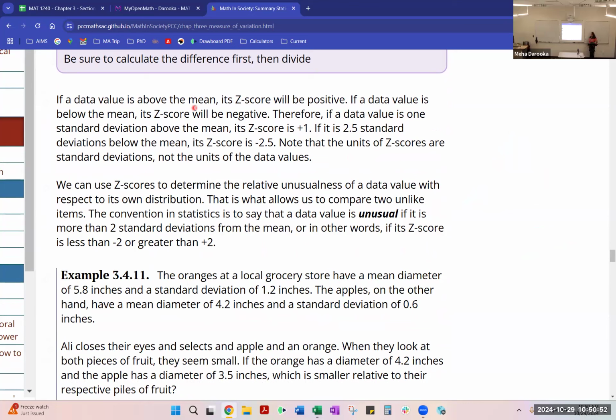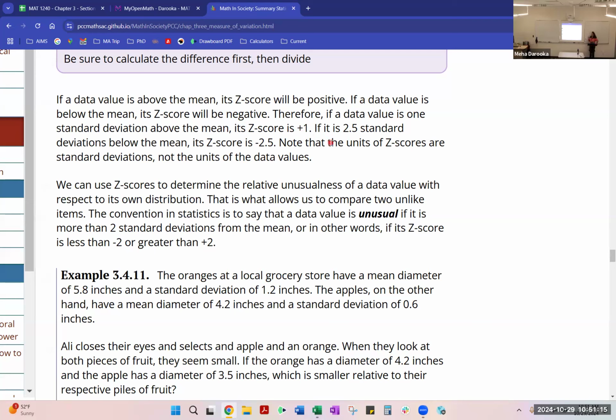So that applies here also. If the data value is above the mean, your z-score will be positive. If the data value is below the mean, the z-score will be negative. So if your data value is exactly 1 standard deviation above the mean, then your z-score should come out to be positive 1.